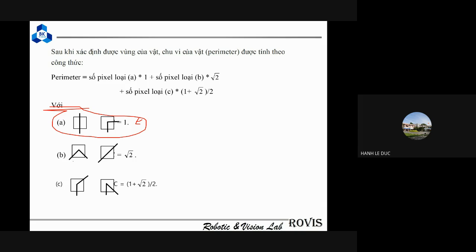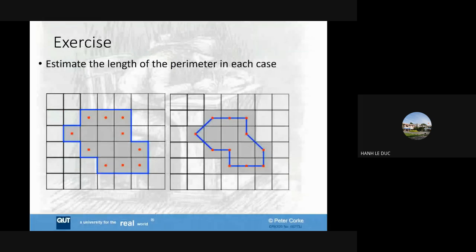If the line goes diagonally like this, we will calculate it as the square root of 2. Okay, let's calculate it with an example here. We want to calculate the perimeter of this one, right?